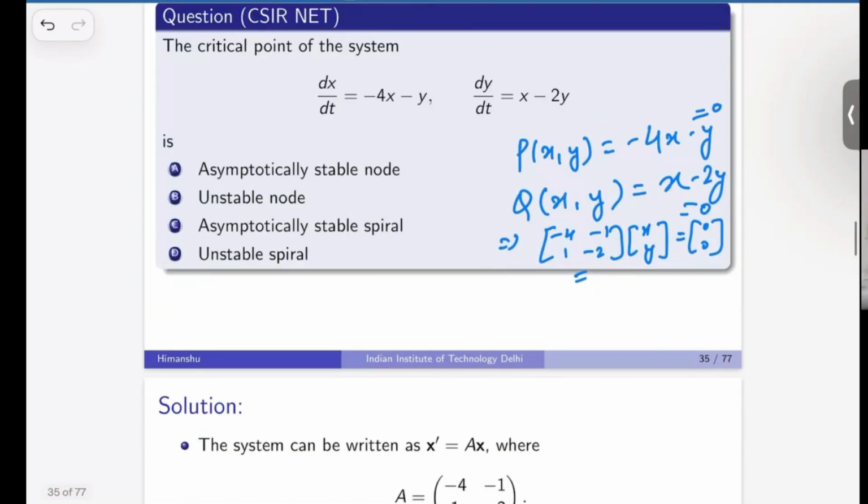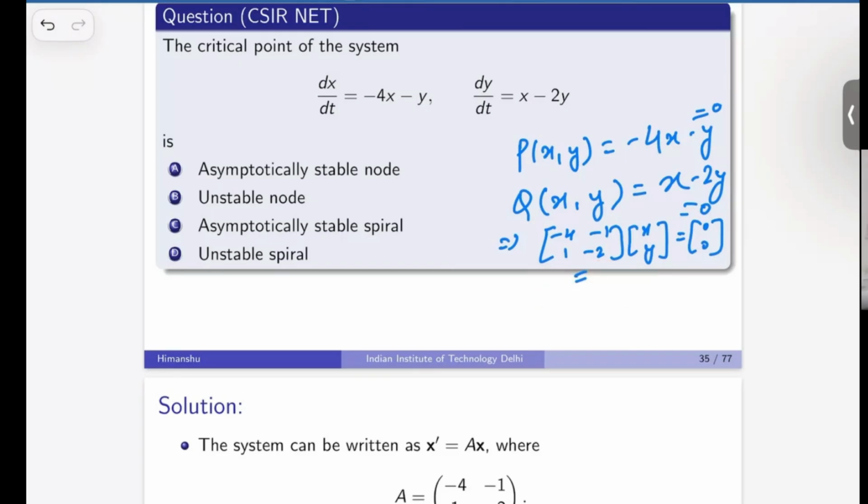And we know that whenever both eigenvalues are negative, the behavior is an asymptotically stable node. Is this clear, how I have said this? I have not used anything, just my pen and paper for writing this only.